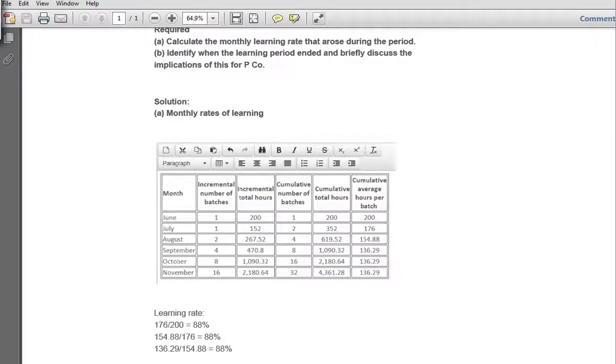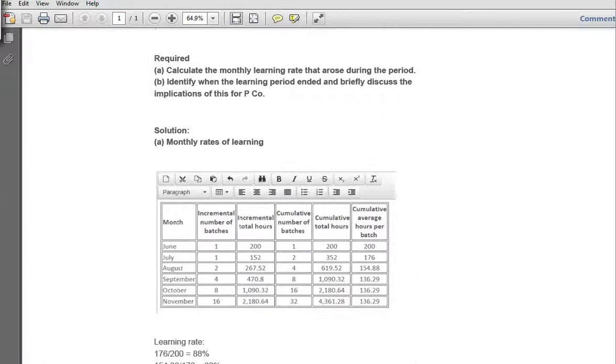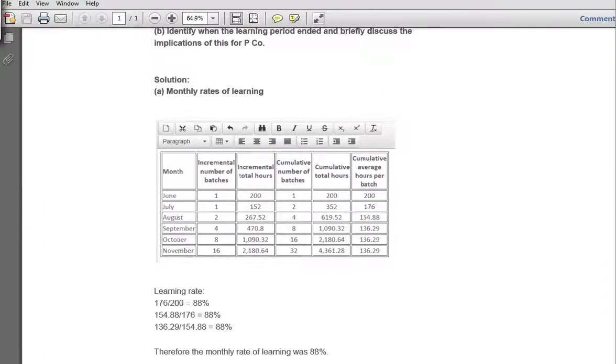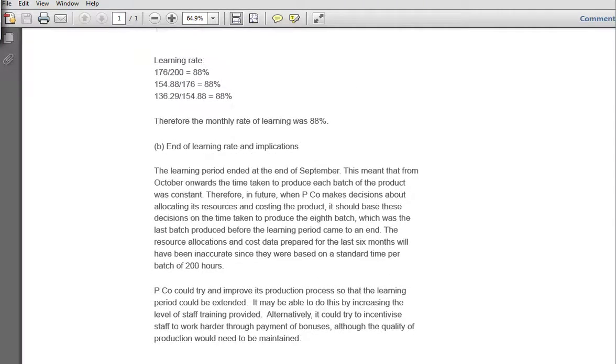If you see the second requirement: identify when the learning period ended and briefly discuss the implication of this. Now, you know that the learning period has actually ended here. And the implication is that from this point onward, when we will be budgeting, that will be our target time, to produce one more unit, that's how much time we are going to spend. It has been discussed in here also. The learning period ended at the end of September.